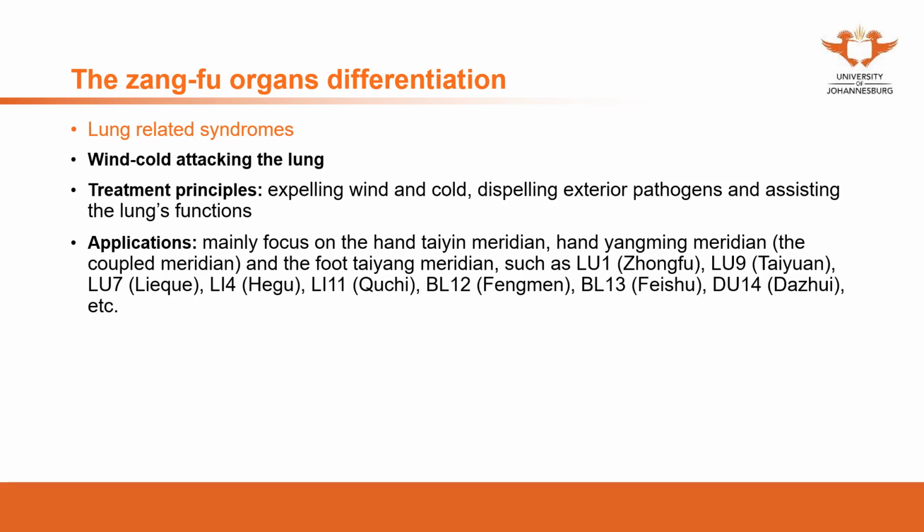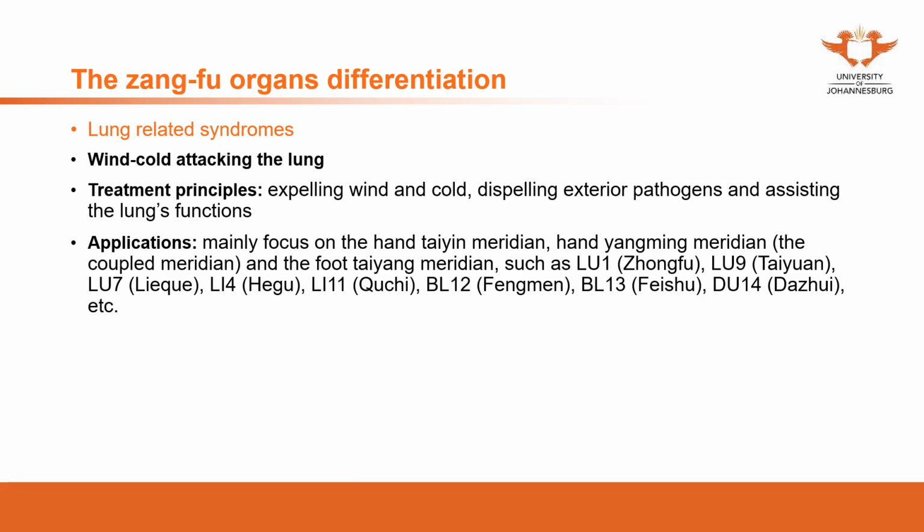So for wind cold attacking the lung, we're going to focus on these 3 meridians: hand-Tai-Yin, hand-Yangming, foot-Tai-Yang. You can use Lung 1, Lung 9, Lung 7, Lung 4, Lung 11, Bladder 12, Bladder 13 to 14.